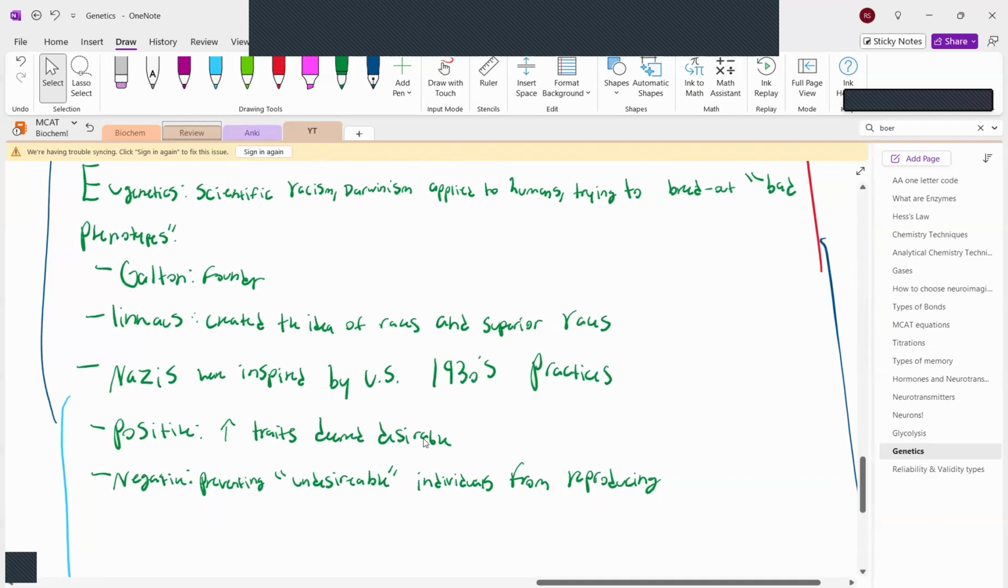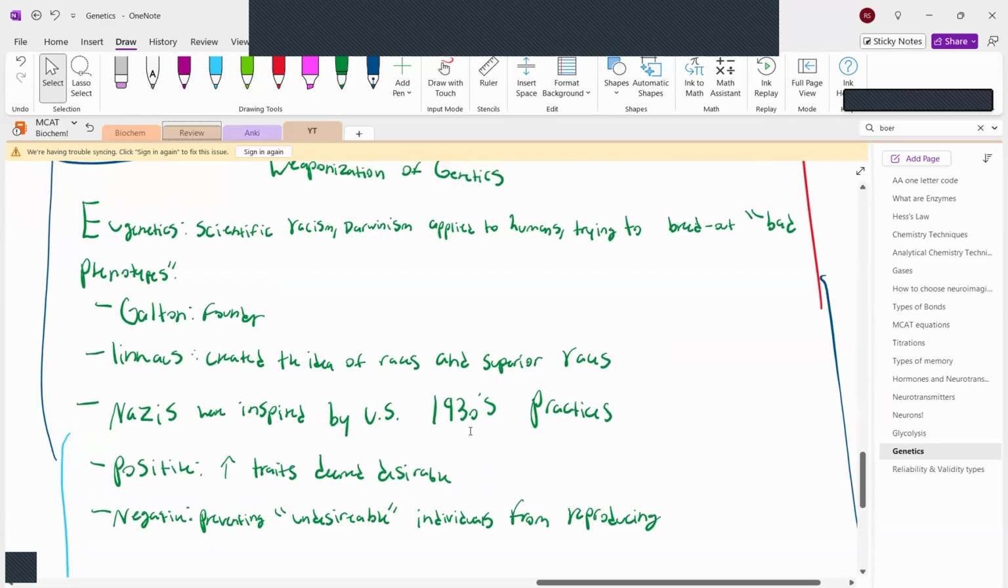For a lot of the time, given the time period they grew up in, like the Aryan race that came from Hitler, that meant blonde hair, blue eyes, pale skin. Whereas negative eugenics is when you try to prevent people that were considered undesirable from reproducing, so specifically people with darker skin, darker hair, dark eyes, just dark in general, which is not true.